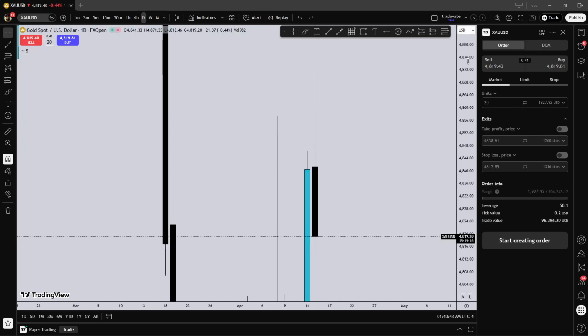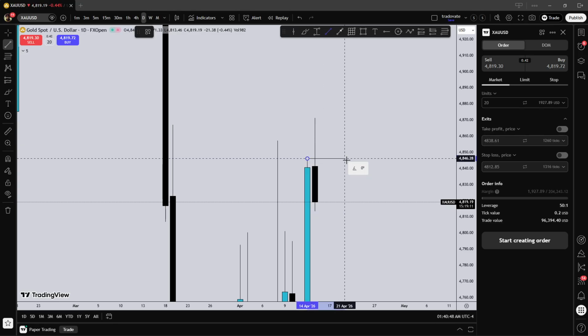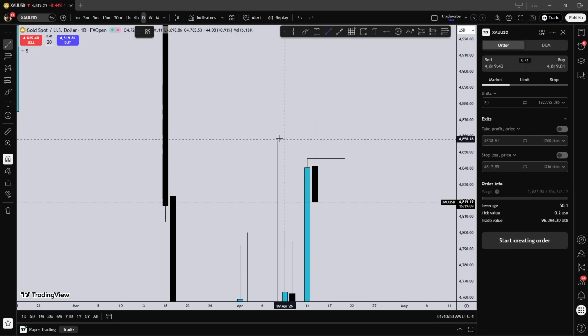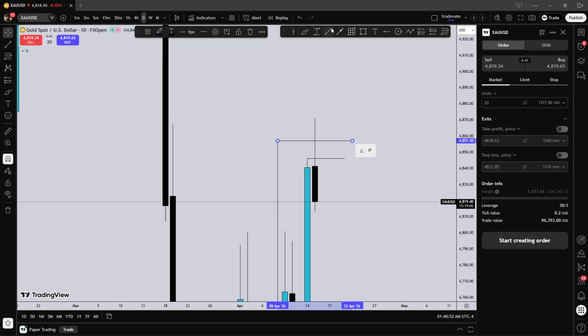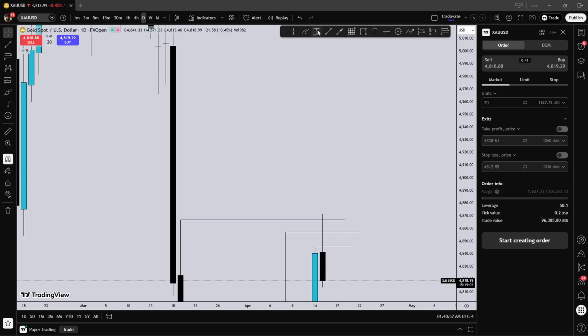Coming in off the daily, we had previous day high. Daily highs here. Daily fair value gap.